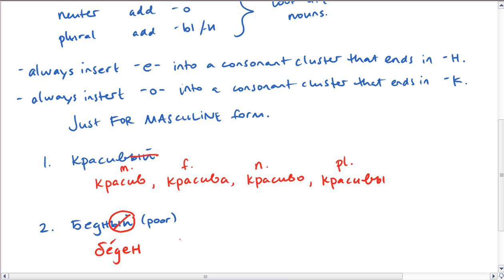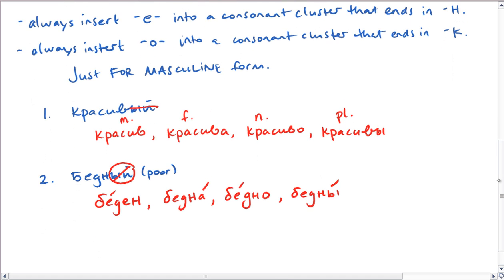And I'm going to write the accent because the accent tends to shift. If we add an а, бедна, бедно, бедны. So pay attention to where the accent falls.